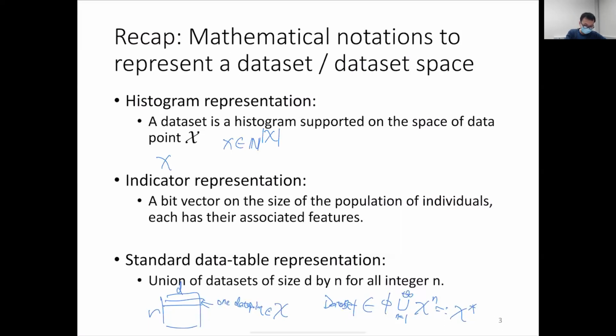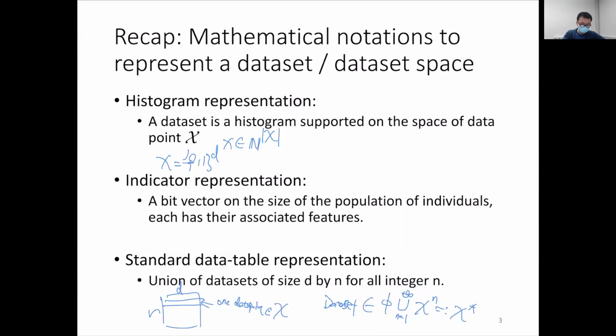We can also give a more realistic example, say the space of the data set is D Boolean variables indicating whether your salary is larger than 50K, whether your age is larger than the voting age, and whether you have any children, and so on. So these are three attributes.